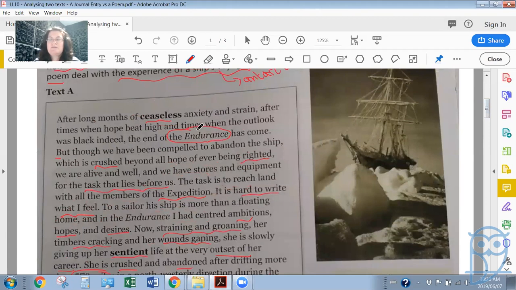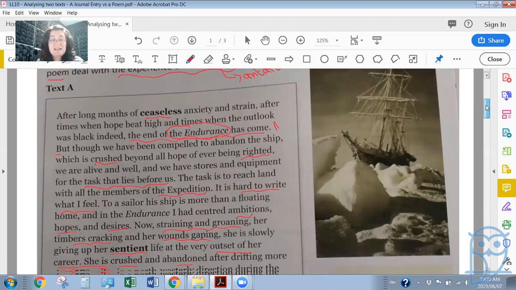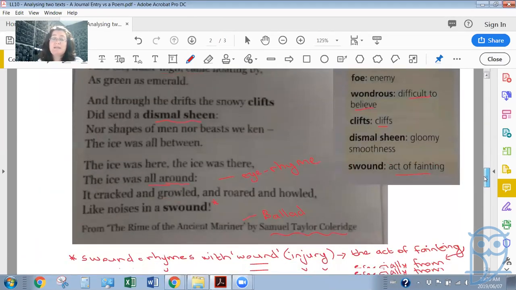After long months of ceaseless anxiety and strain, after times when hope beat high and times when the outlook was black indeed, the end of the endurance has come. Look, this is a very long sentence, three lines worth. And the closing clause, the final clause, is where the drama comes in. The end of the endurance has come. So that is how he evokes the emotion in his journal entry, and he's going to go on to explain what has happened.